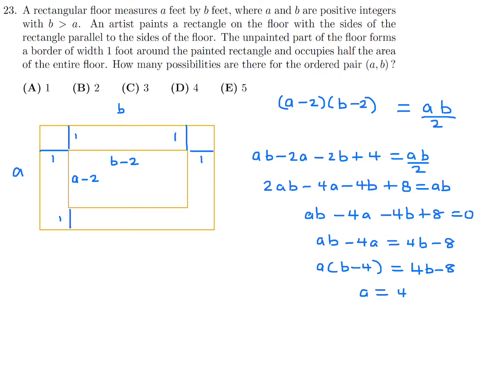And then A will be (4B minus 8) over (B minus 4). And you can, of course, factor out a 4. And that just becomes 4 times (B minus 2) over (B minus 4) like that. And then you can start plugging in values for B and try to figure out values of A, which would be perfectly reasonable, but it would be kind of time consuming.